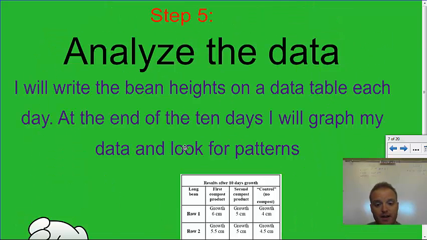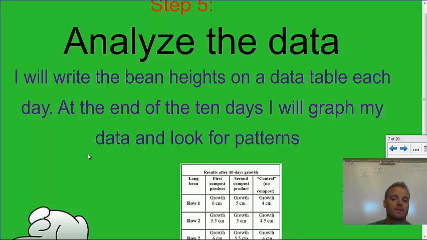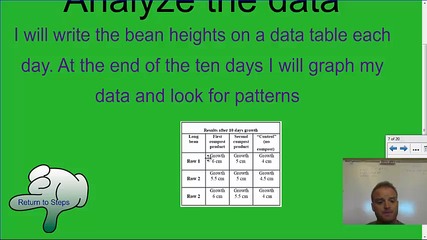Step number 5 in our scientific method is to analyze the data. Now we've run the experiment and collected the data. So what does that data mean? We've got to figure out what everything means. For our experiment with the bean plant, you can see this is written in a data table, and down here a summary. We're looking for patterns.